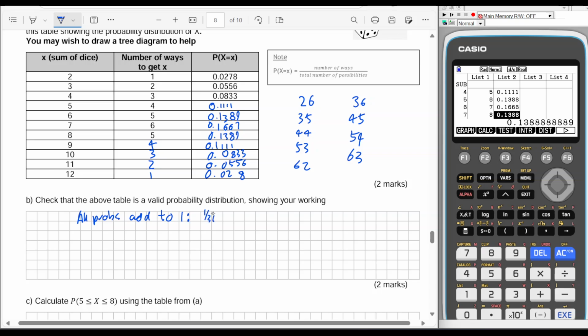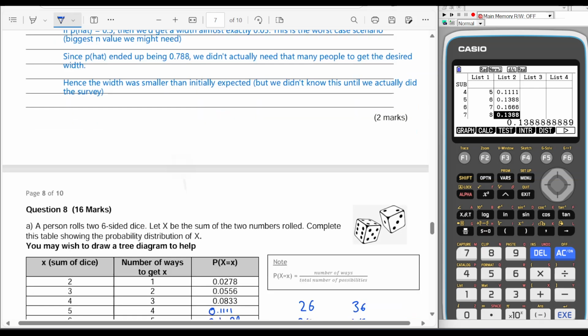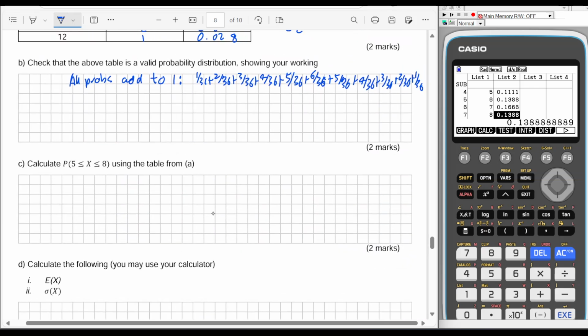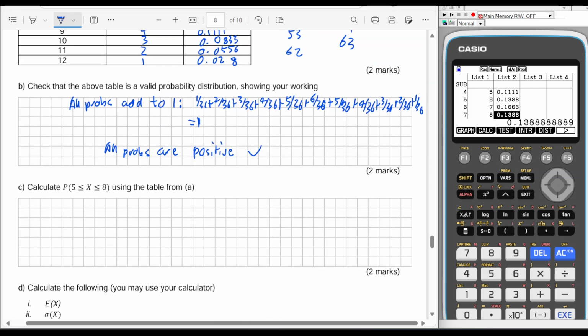So 1 out of 36 plus 2 out of 36 plus 3 out of 36 plus 4 out of 36 plus 5 out of 36 plus 6 out of 36 plus 5 out of 36 plus 4 out of 36 plus 3 out of 36 plus 2 out of 36 plus 1 out of 36 equals 1. Trust me, it does. And all probabilities are positive, which is true. Now, usually I wouldn't write out that whole sum, but since it said show your working, we just got to be careful.